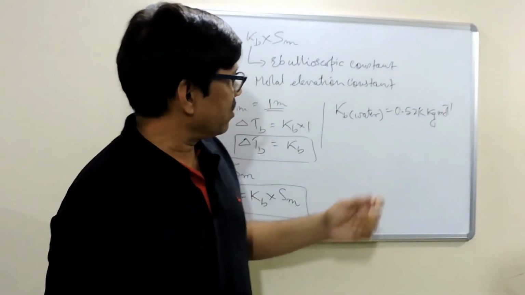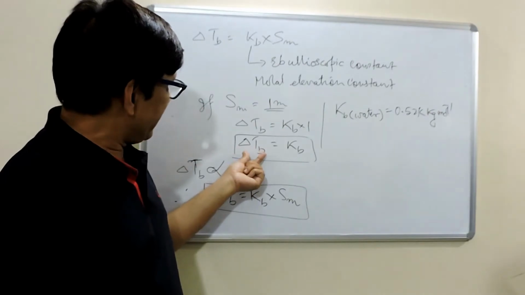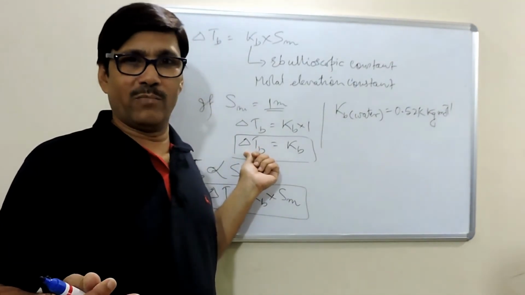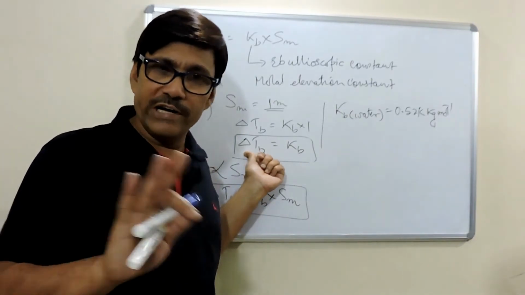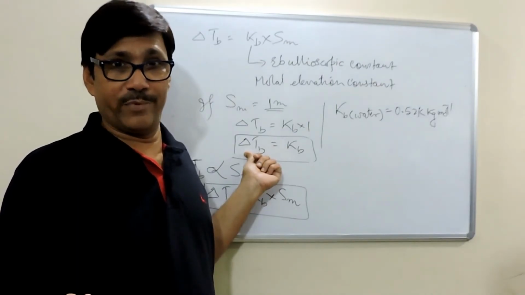Okay, you should not confuse here with one thing, that delta TB is not boiling point. It is elevation in boiling point. Boiling point is not a colligative property. Elevation in boiling point is a colligative property.